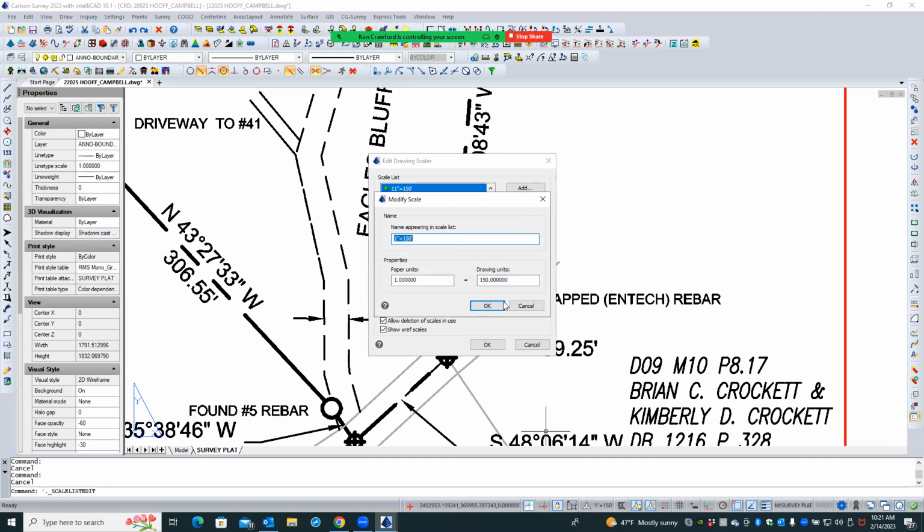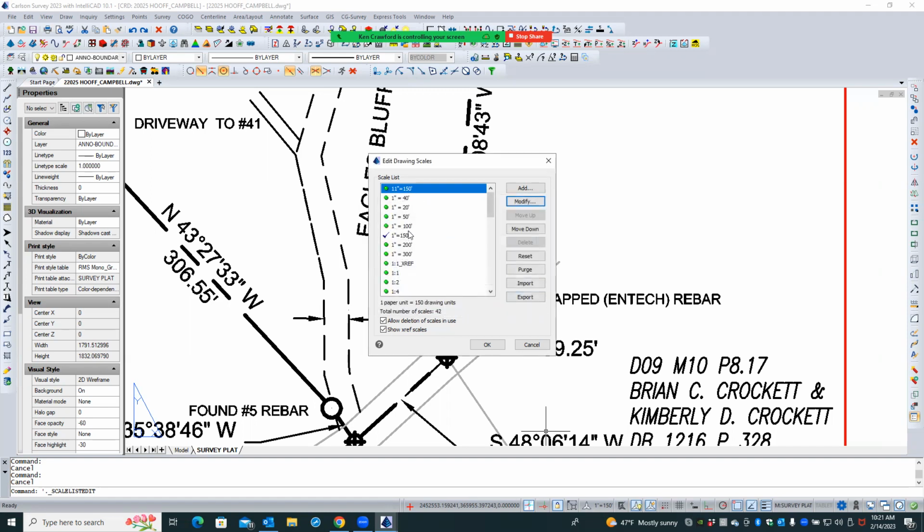Yeah, see, that already exists. So let's go to this one. First of all, let's set that. We'll go to this one and delete it.